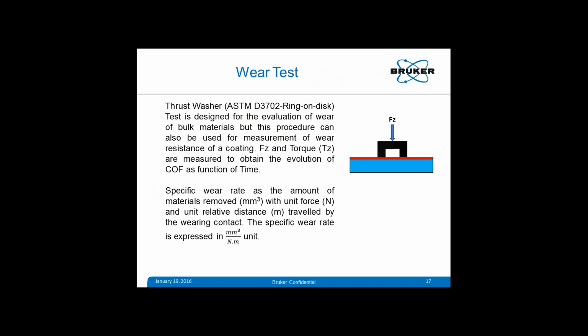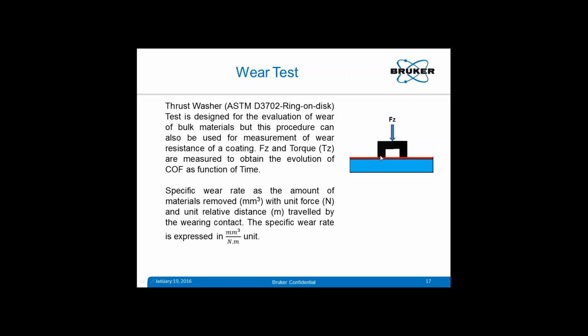Now, actual wear tests. There are several different types of wear tests, listed in ASTM and other standards like ISO, and those can be done using UMT TriboLab. But of particular interest for this webinar, I put the thrust washer test, which is ASTM D3702, the ring on disc test.